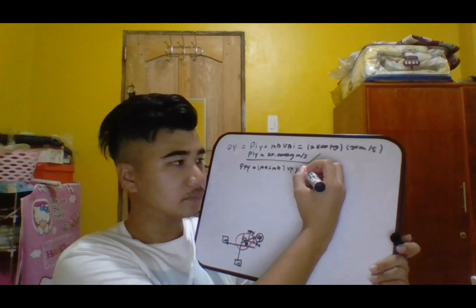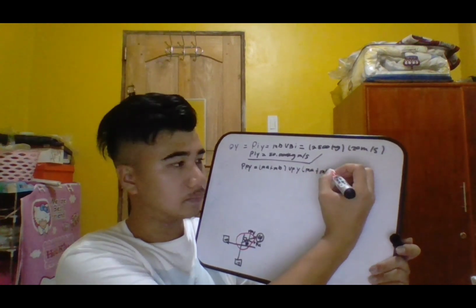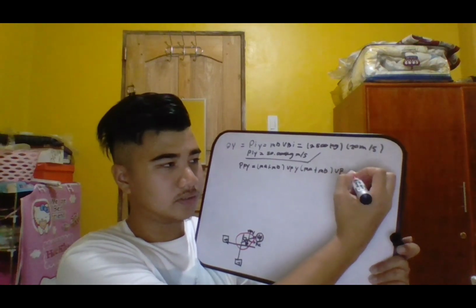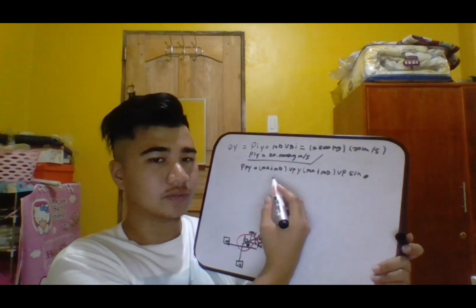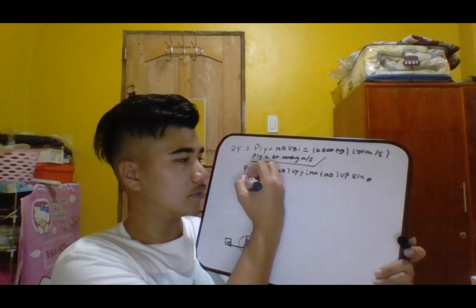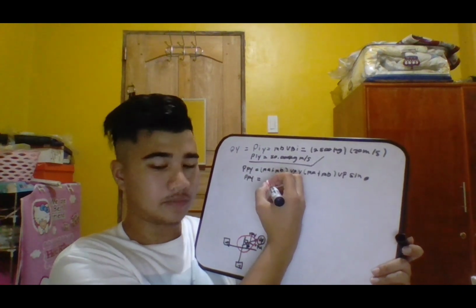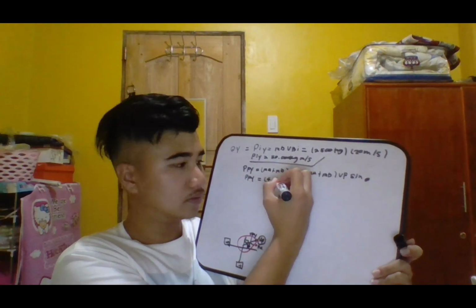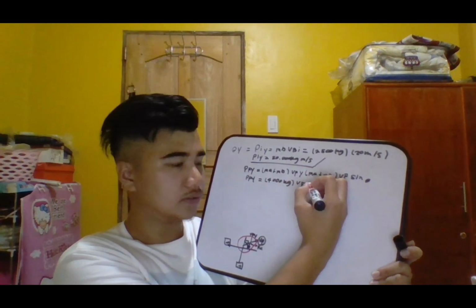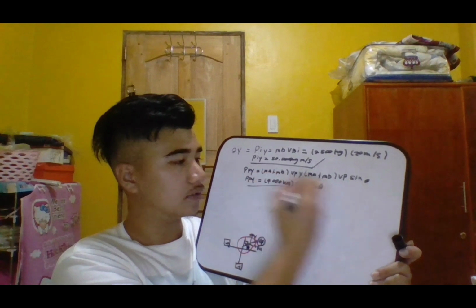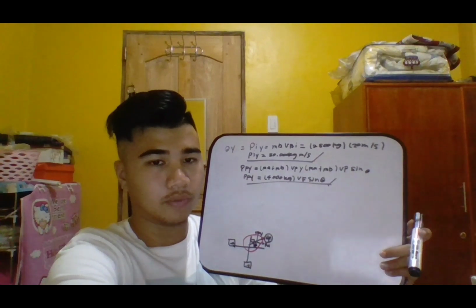So this is mass A plus mass B, final velocity sine theta. Substituting the values, mass A plus mass B is 4,000 kilogram, final velocity sine theta. Ito na yung equation natin for the final momentum at y component.